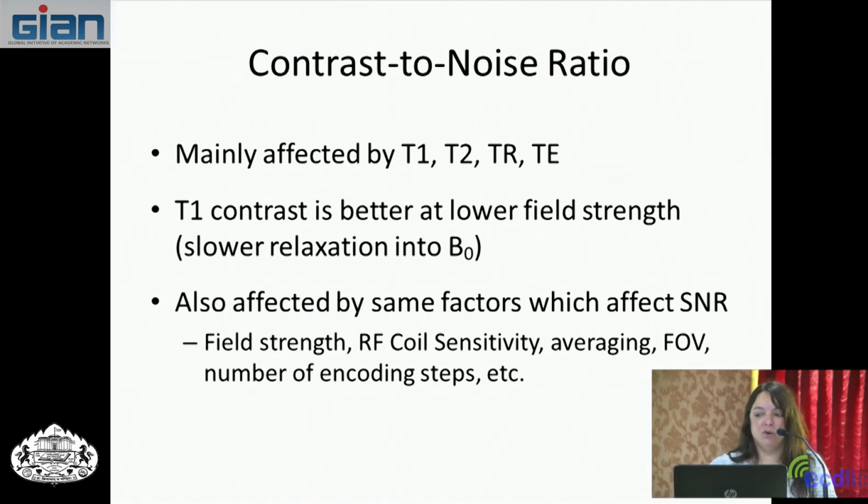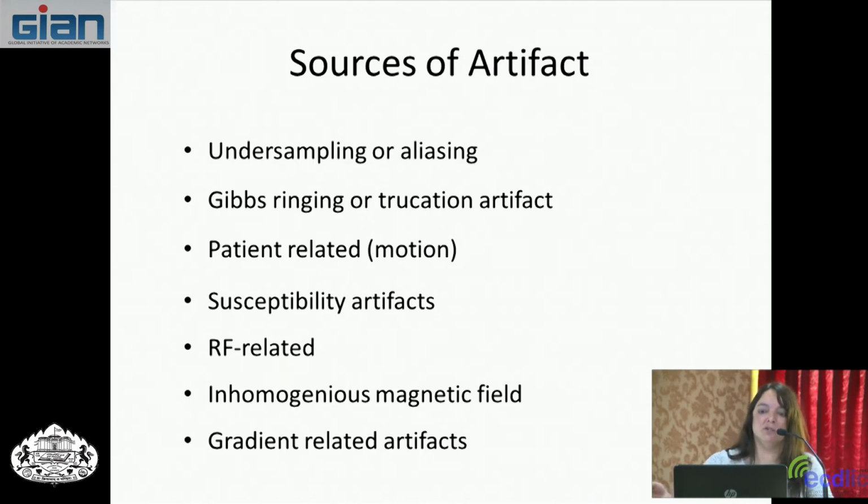Things that also affect this are the same things that affect our signal to noise, like the field strength, RF coil sensitivity, how much we average, our field of view, etc. There are people who sit and think about these things a lot to try to make better images all the time. I'll just go through the artifacts and then we'll take another break.